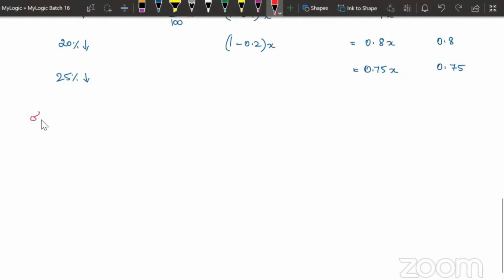That is, if the old value is given, you want to divide it or multiply it.